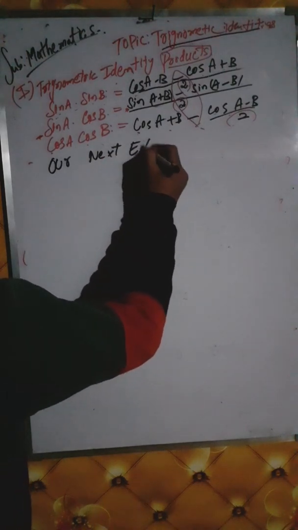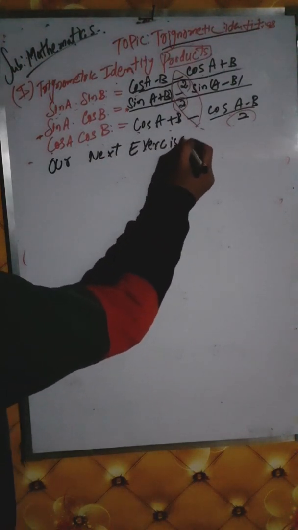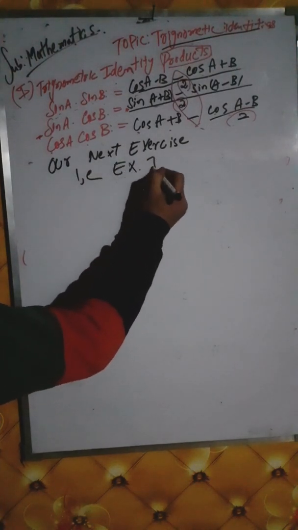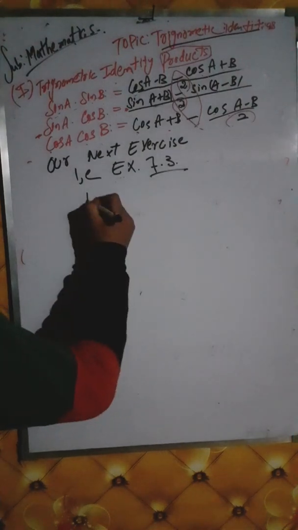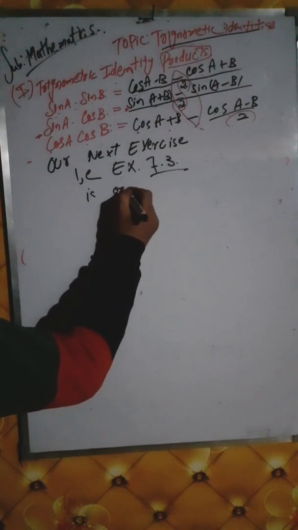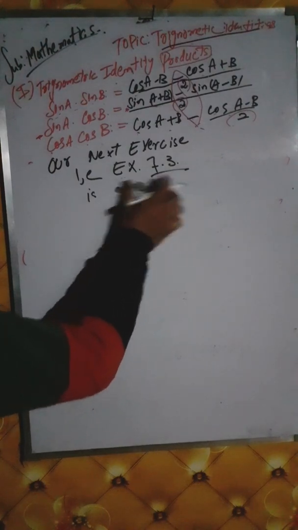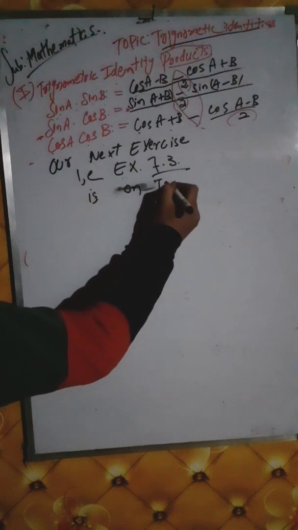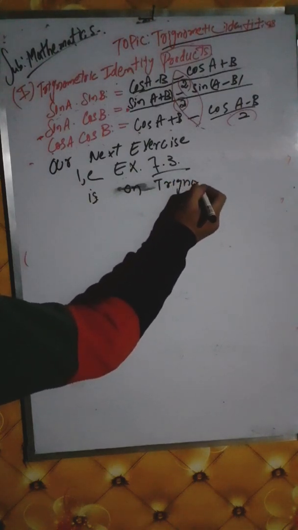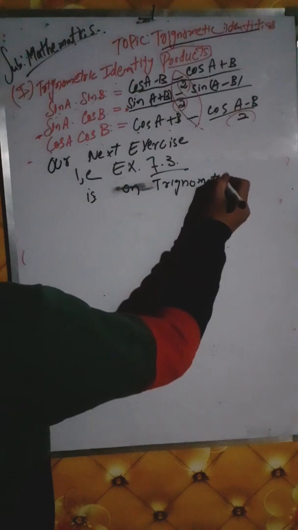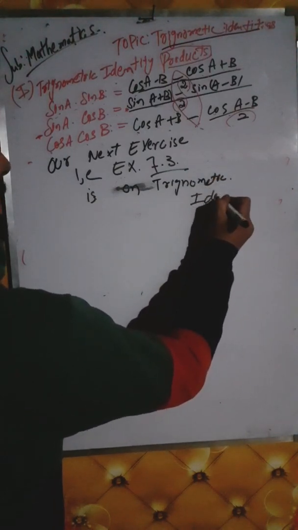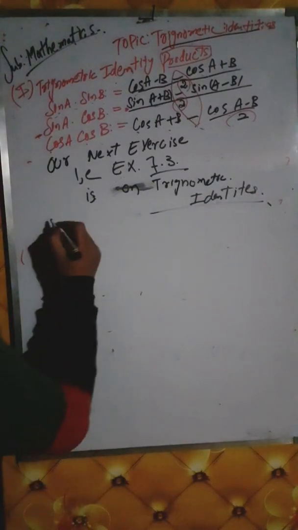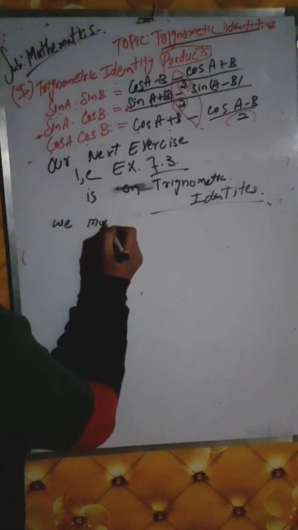Our next exercise, that is 7.3, is based on these trigonometric identities. We must remember these identities.